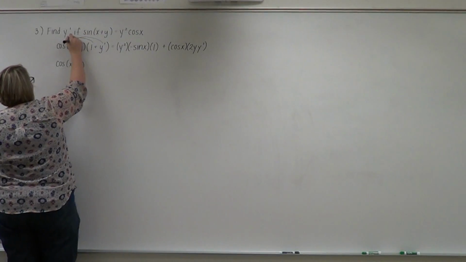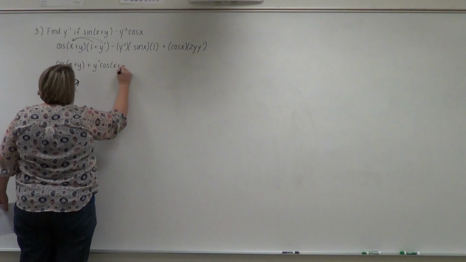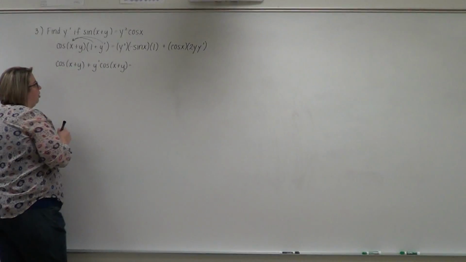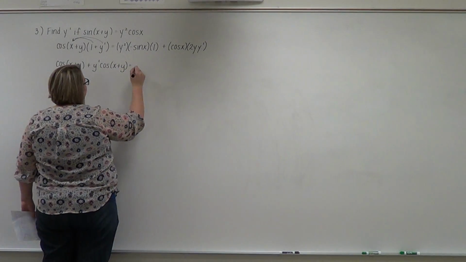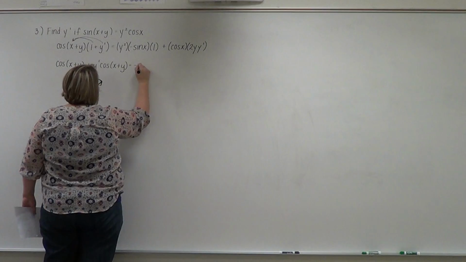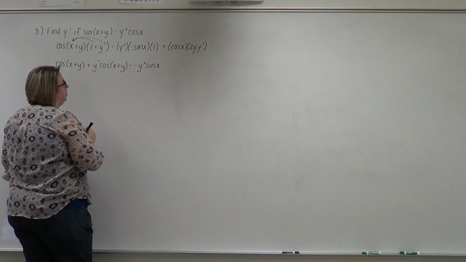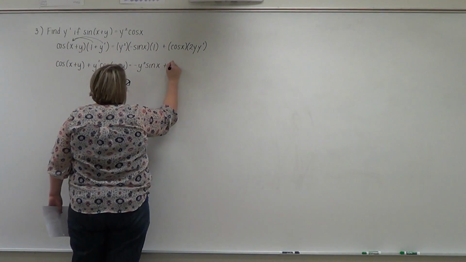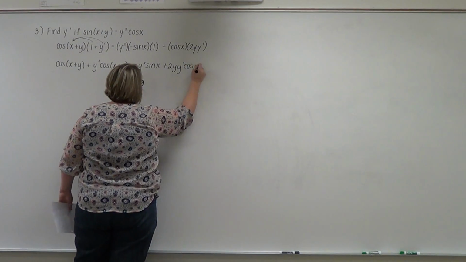Then y prime times it, so plus y prime cosine of x plus y equals, on the right hand side, y squared times negative sine x times 1 would be negative y squared sine x. And then if I multiply these together, this would be plus 2y y prime cosine x.